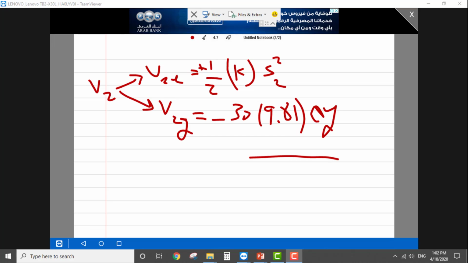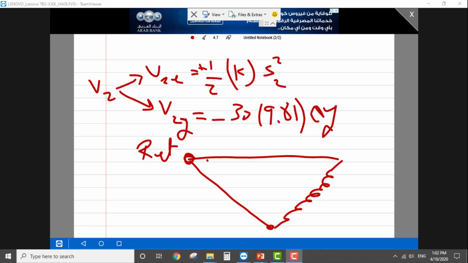So here is the reference, and here is the cord. Here is the spring. This is 30. I'm interested in this distance corresponding to the centroid.